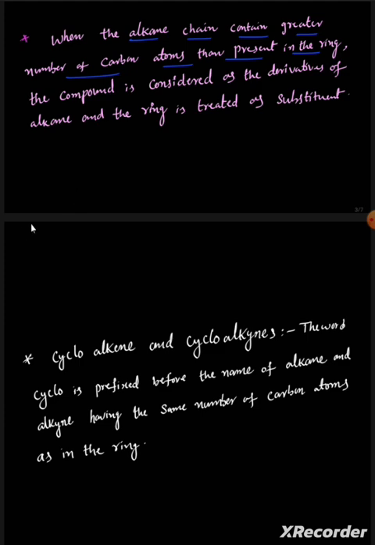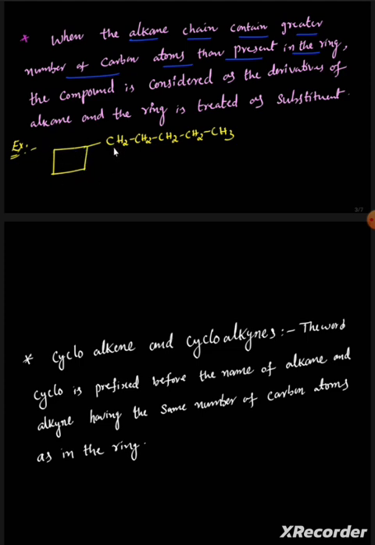For example, here cyclobutane, a 4-membered carbon ring having a side chain CH2 CH2 CH2 CH2 CH3. There is a 5-membered carbon chain with a 4-membered ring. What is the name of this compound? This is considered a derivative of alkane, and the ring is considered a prefix.